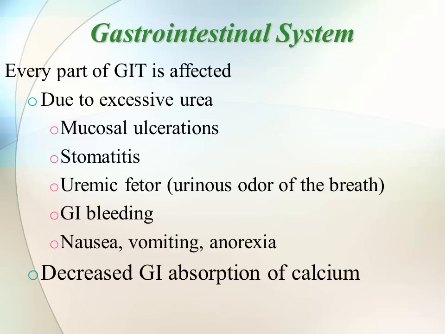That causes ulcerations, and those ulcerations, along with the poor platelet aggregation causing clotting abnormalities, lead to GI bleeding. Lots of times it leads to pain. You can imagine ulcers are painful, and a decrease in appetite.